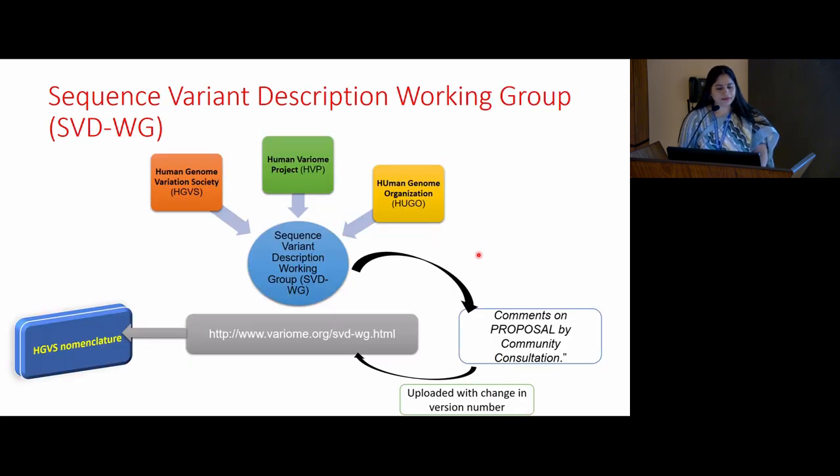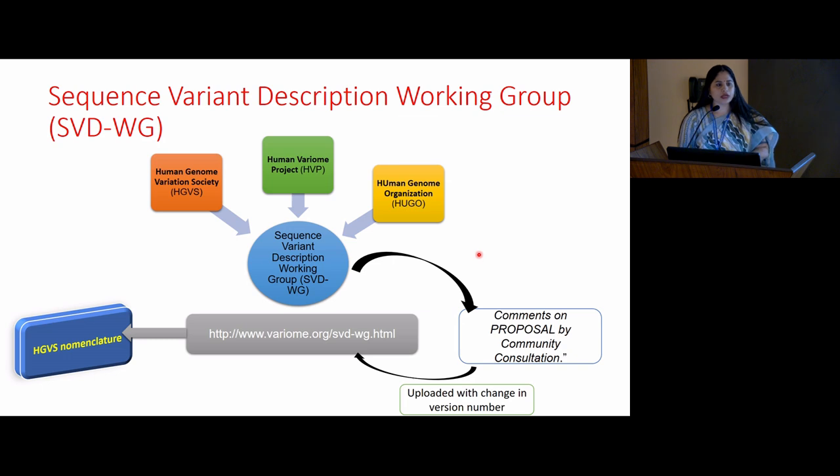So for this, a group called the Sequence Variant Description Working Group came up for uniform description of the variants. It comprises 3 societies: the Human Genome Variation Society, the Human Variome Project, and HUGO, or Human Genome Organization.